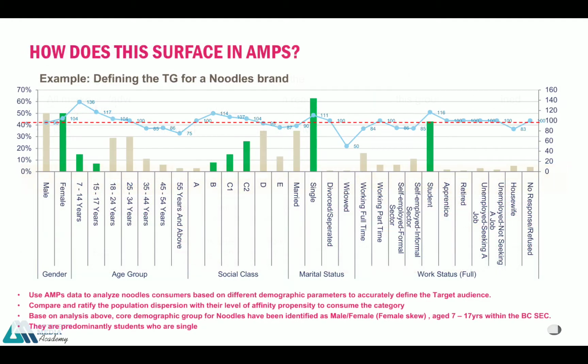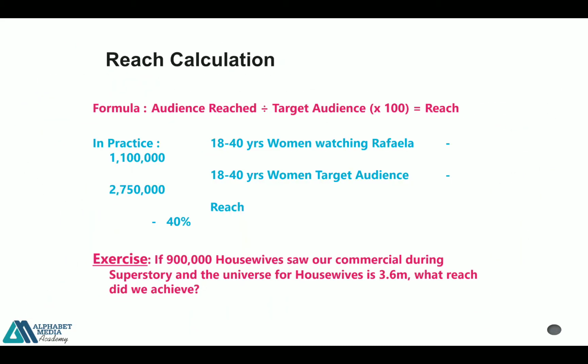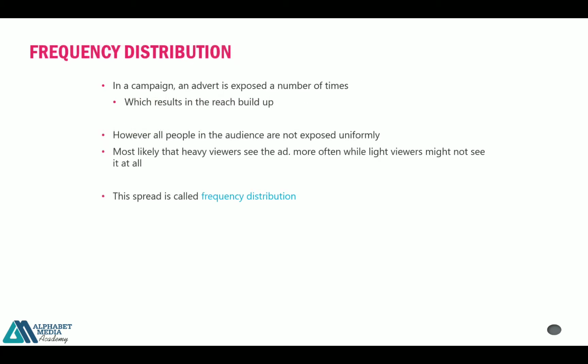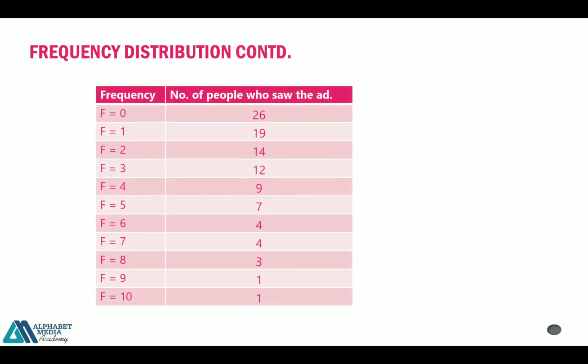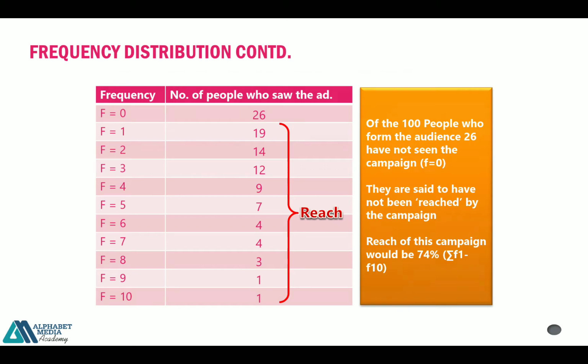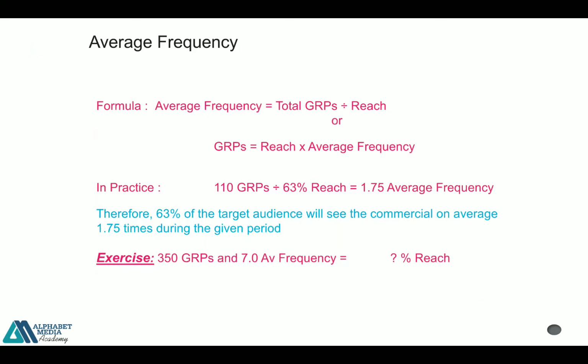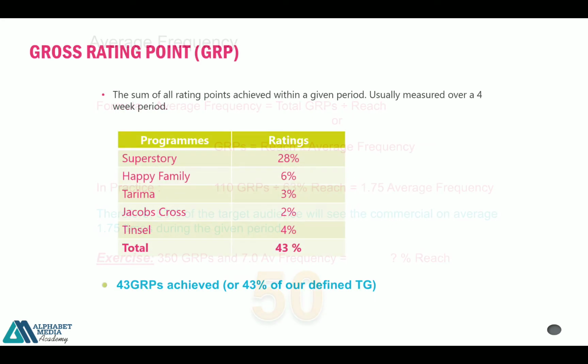We went about to define them. I spoke about how this is surfaced in AMPS, and we did a couple of examples, as you might remember. And then that took us to media penetration, frequency distribution, which I believe we covered in depth. And then we also ran a few examples with regards to average frequency and the likes.